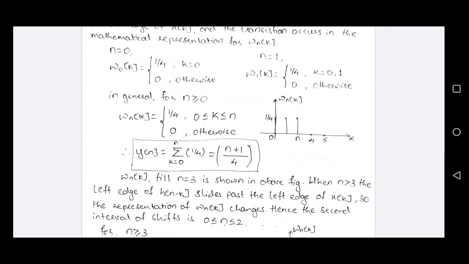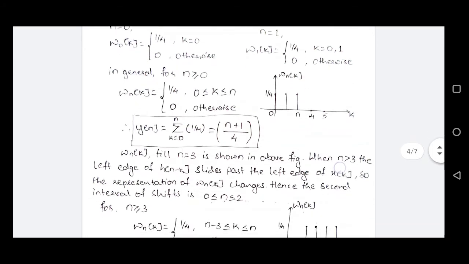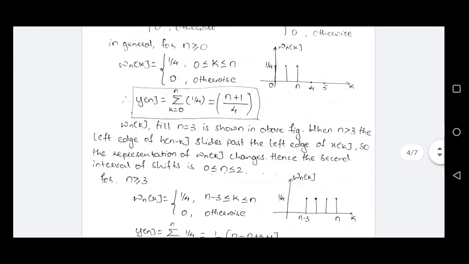Now let us consider n equals 3. The above intermediate signal, Wn of k, will hold good until n equals 3 only. Because when n is greater than 3, what happens?